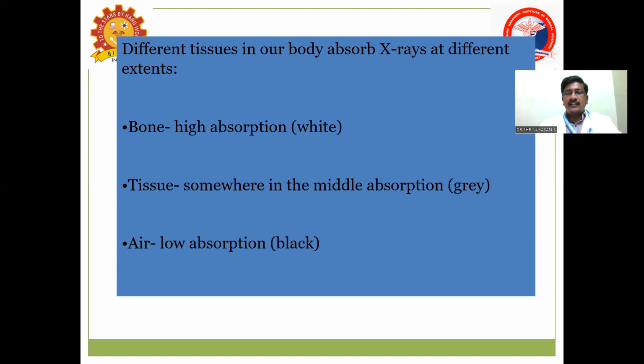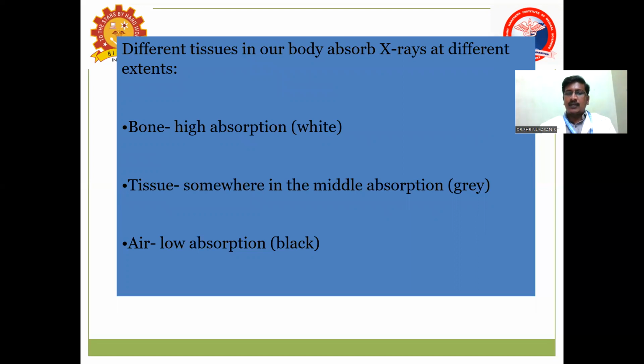These different density structures show differences in X-ray absorption. Bones show high absorption, so on the film they appear white. Intermediate tissues like muscle absorb intermediate X-rays, so they appear gray.